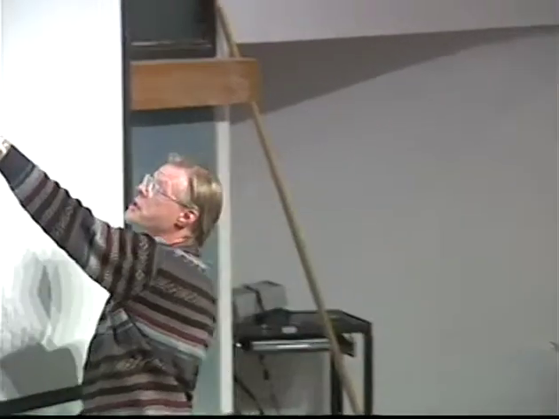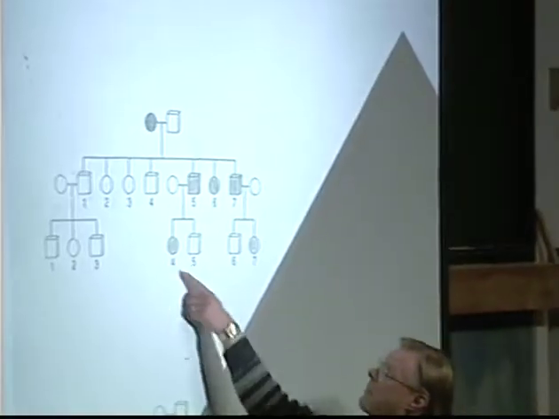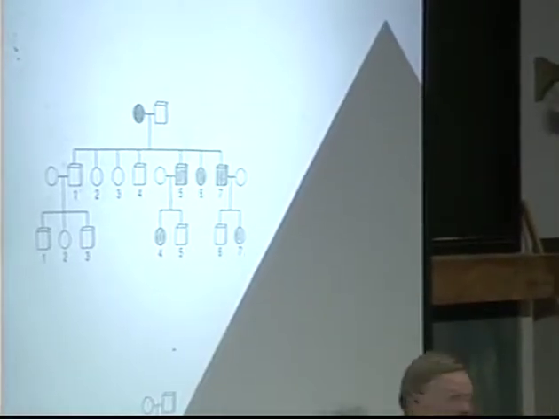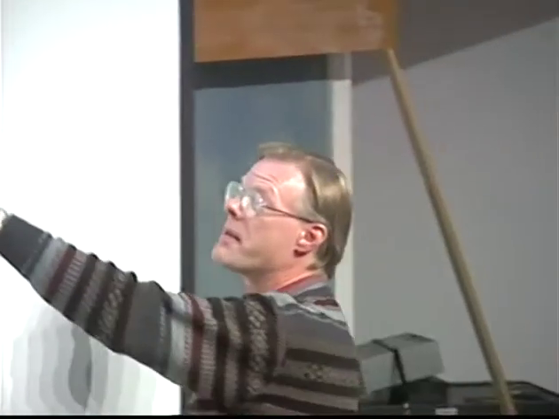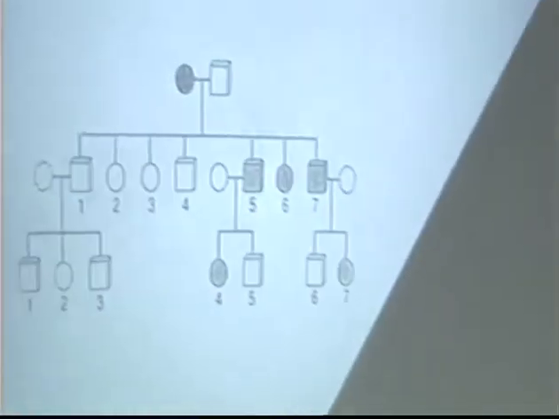All the daughters of these two affected males are affected themselves. None of the sons are. So once you've determined dominant versus recessive, that's a simple way to determine X-linked versus autosomal. Look at the progeny of affected males. So this one is consistent with an X-linked dominant trait.